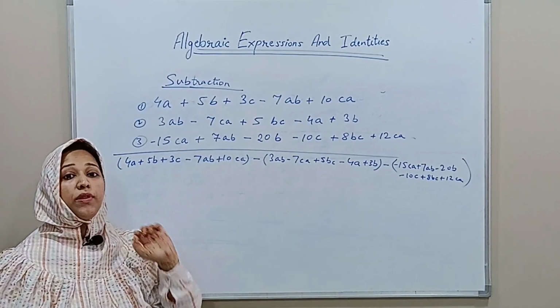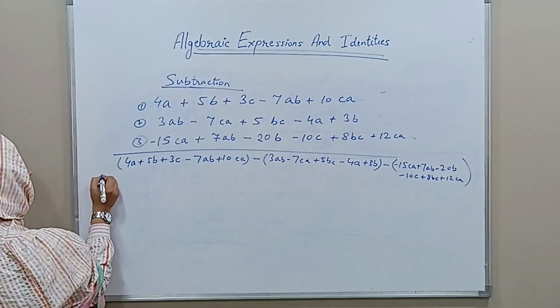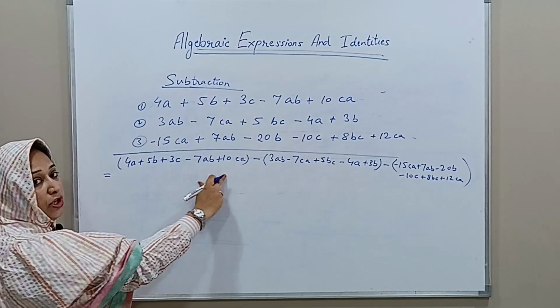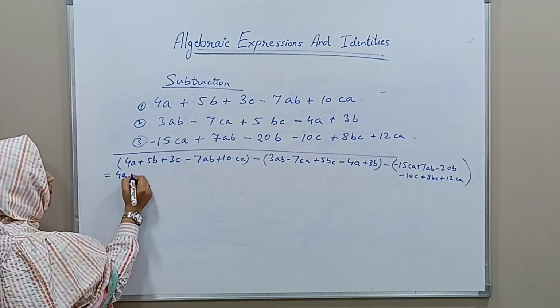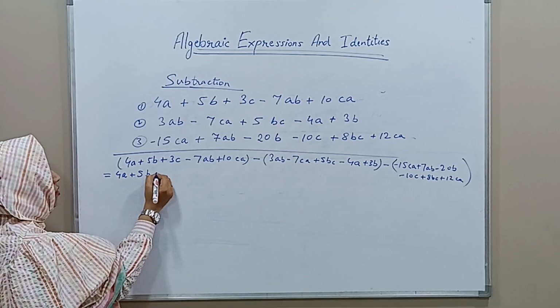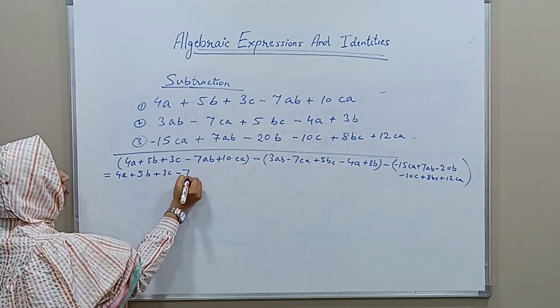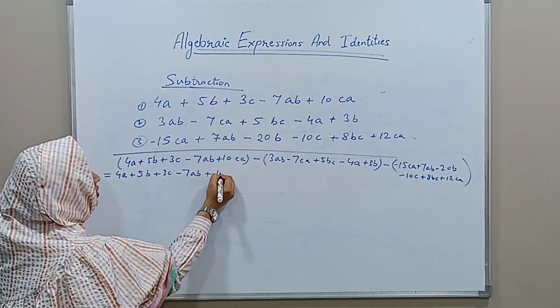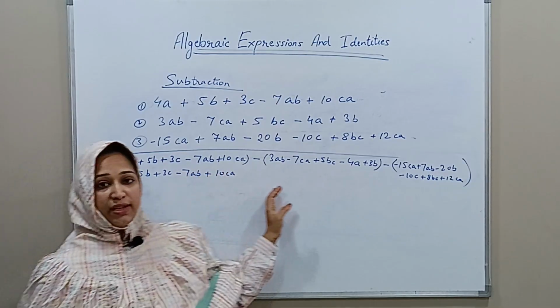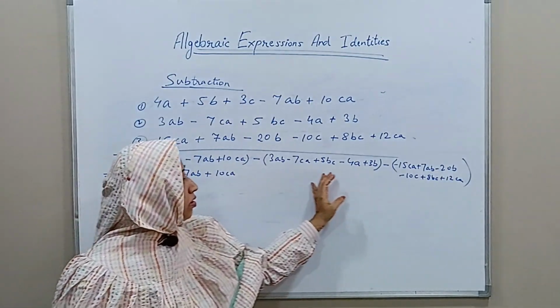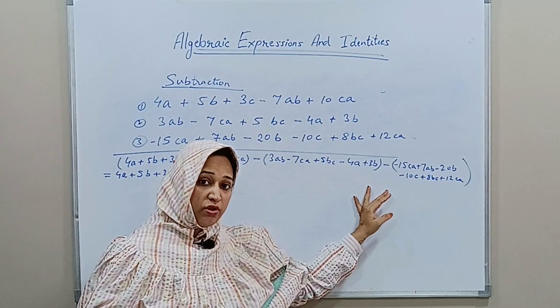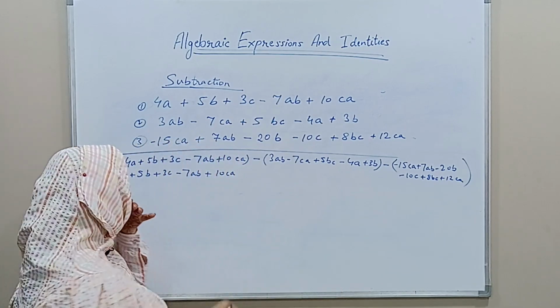Now we will first open the brackets. So for the first expression there will be no change in the sign. Let us write it as it is, 4a plus 5b plus 3c minus 7ab plus 10ca. For the second bracket we have a minus sign, so the signs of all the terms inside the bracket will change, plus to minus and minus to plus.